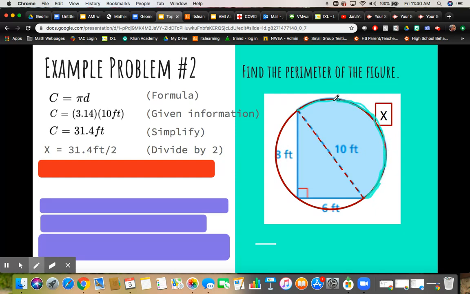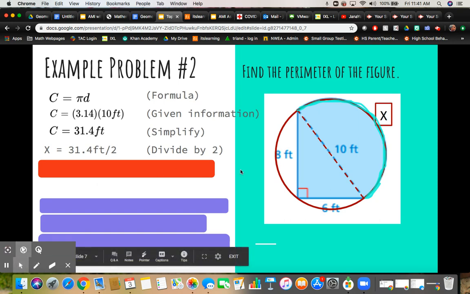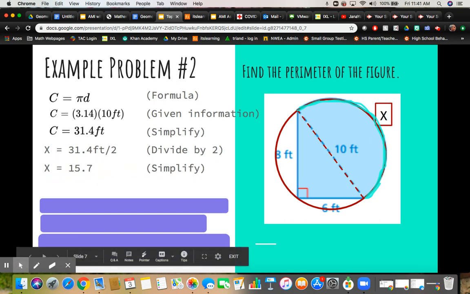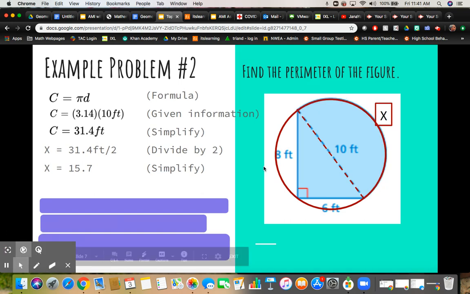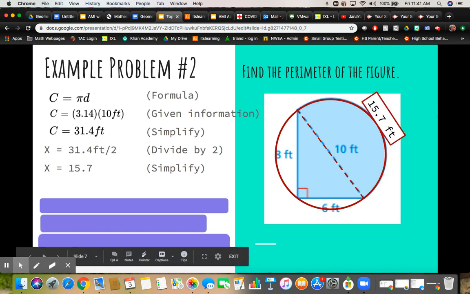So if x is equal to that, I can just say that it's my total circumference of the entire circle divided by 2, since I only want to know what half of that circle perimeter is. When we plug that into the calculator, we find out that x is just 15.7. So I'm going to replace that with 15.7 feet.